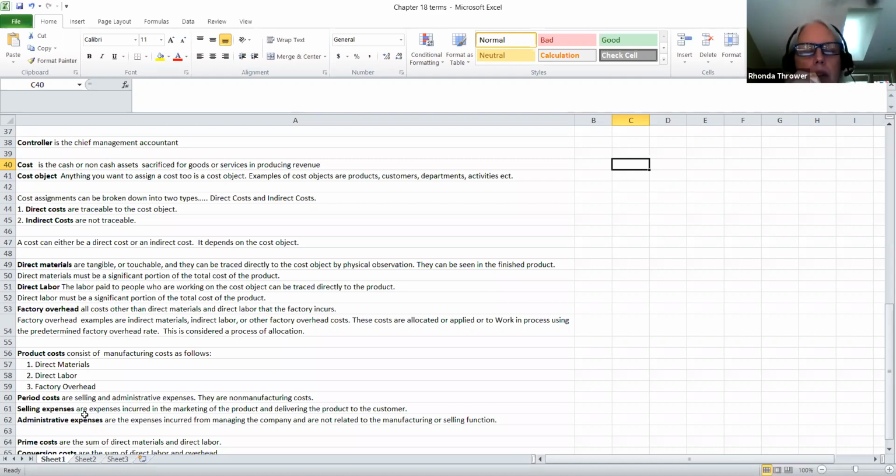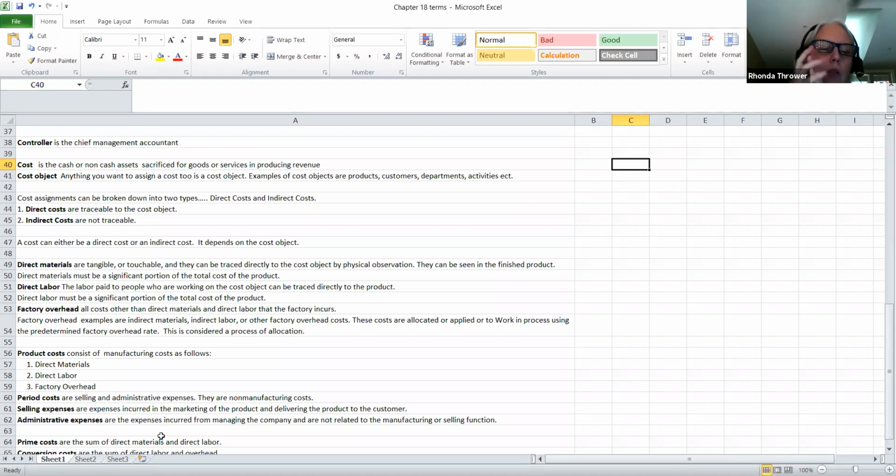So things like advertising expense, delivery expense, sales salary expenses. Those are going to be selling types of expenses and are considered to be period cost.